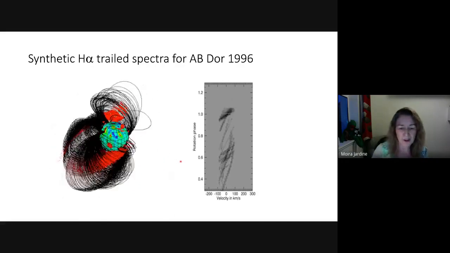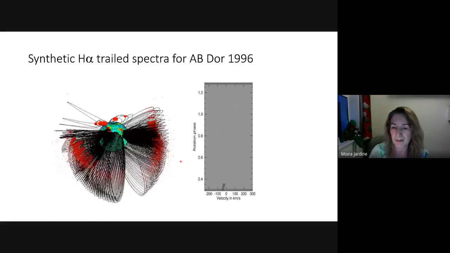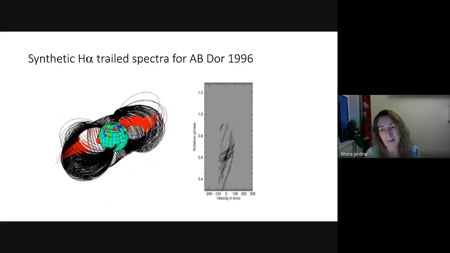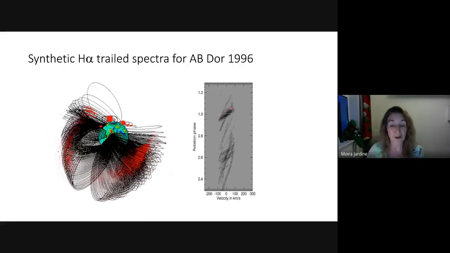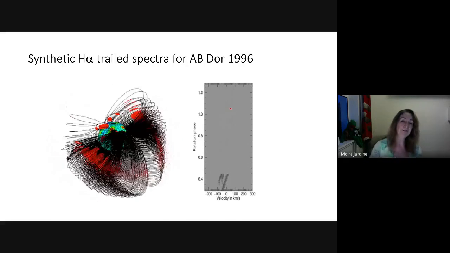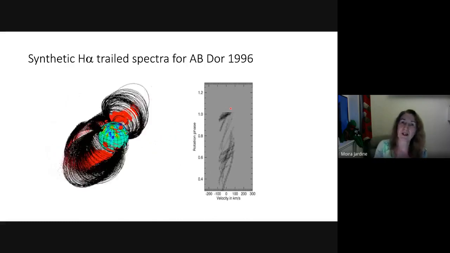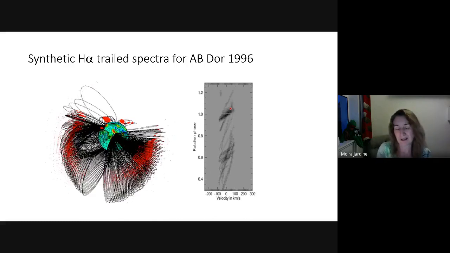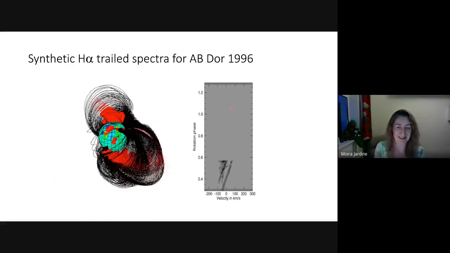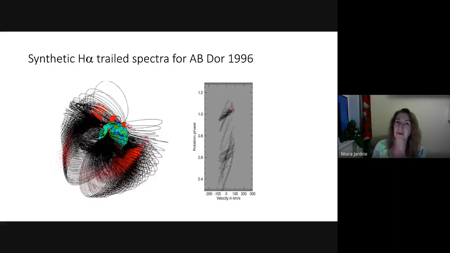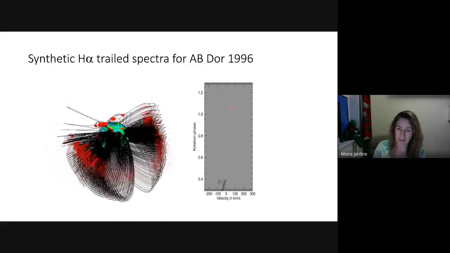So we see these features moving through the spectrum. And these are indeed the typical prominence features that we would expect to find. So this is a prediction made on the basis of the observed magnetogram, which was made just from photospheric lines. So how does it compare with what we actually observe?